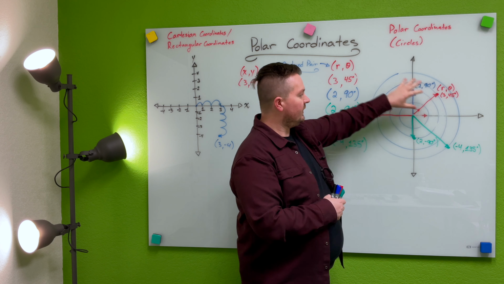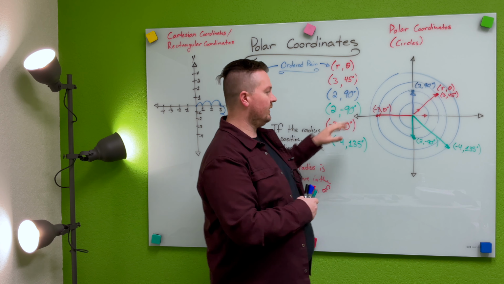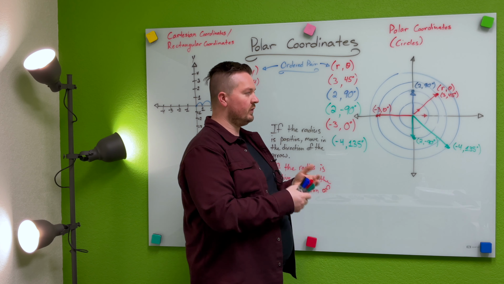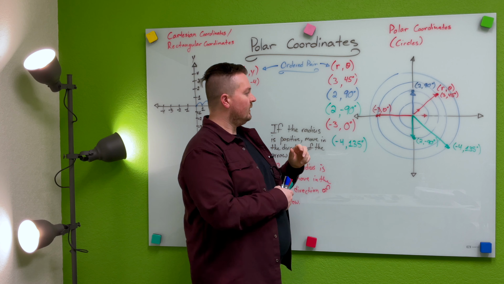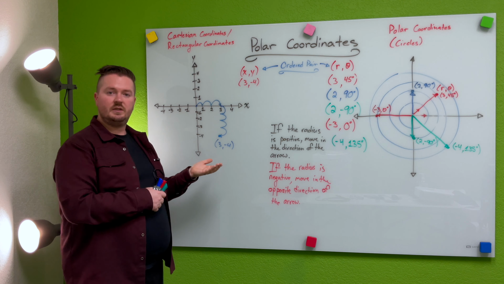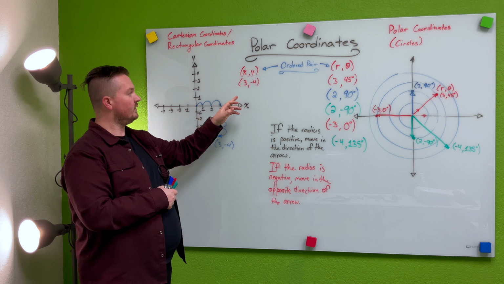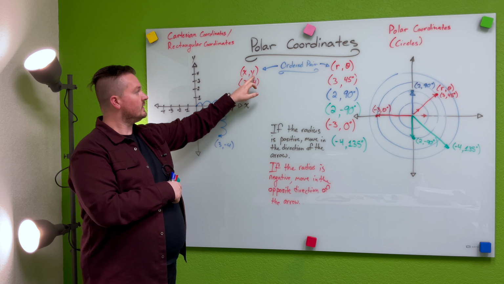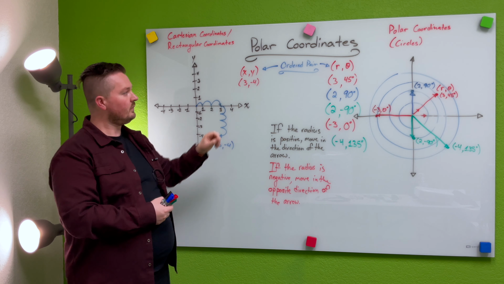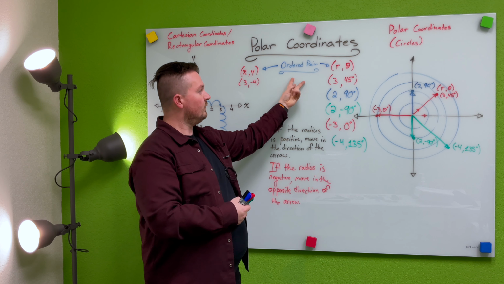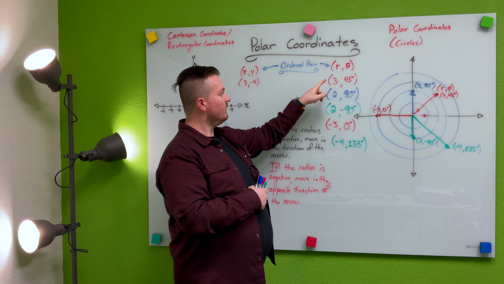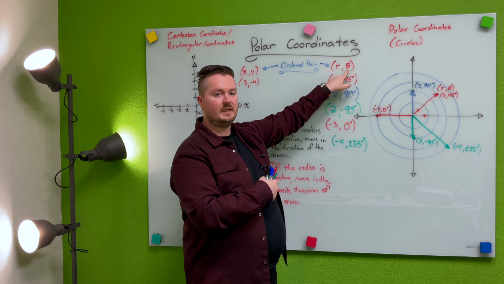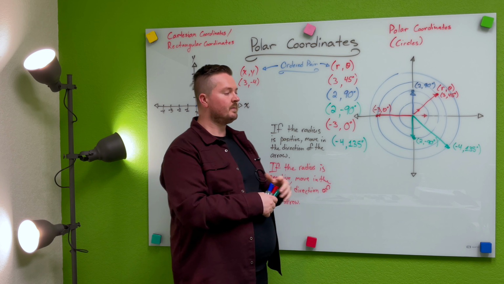So we have an array of circles on a polar coordinate graph or polar coordinate graphing paper. In rectangular or Cartesian coordinates, we use an ordered pair where the first number is an x value, the second number is a y value. But in polar coordinates, in our ordered pairs, the first number is a radius, the second number is the angle of the direction we want to face.